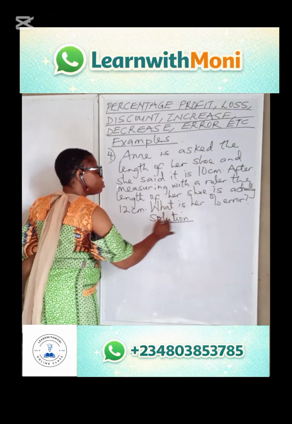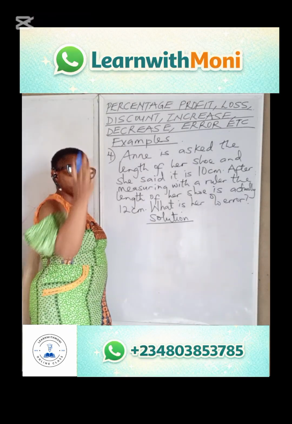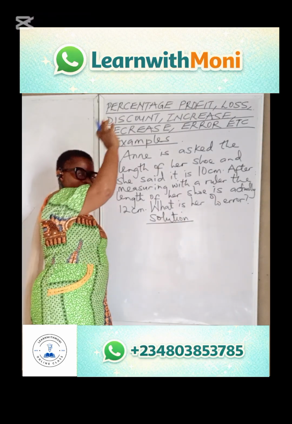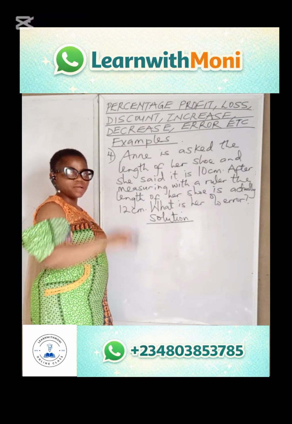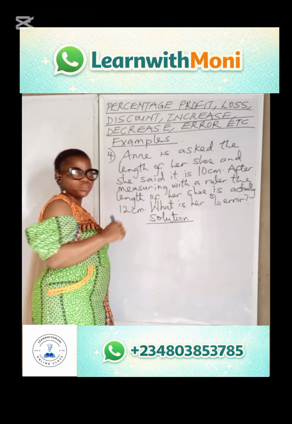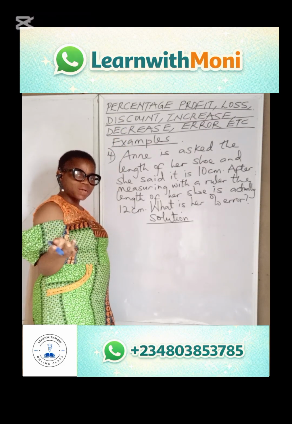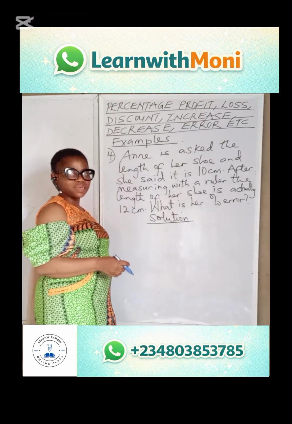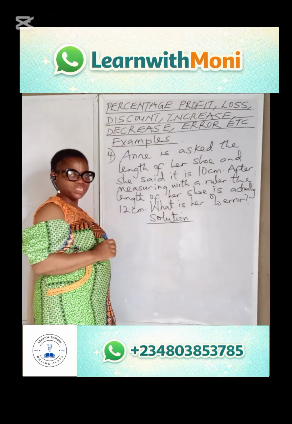Just like we have done with other ones. When we're treating percentage profit, it was profit over the original price. Percentage loss, actual loss over original price. Percentage discount, actual discount over the original price. The item was marked to be sold. Percentage increase, the actual increase over the original size. Percentage decrease, the actual decrease over the original size.